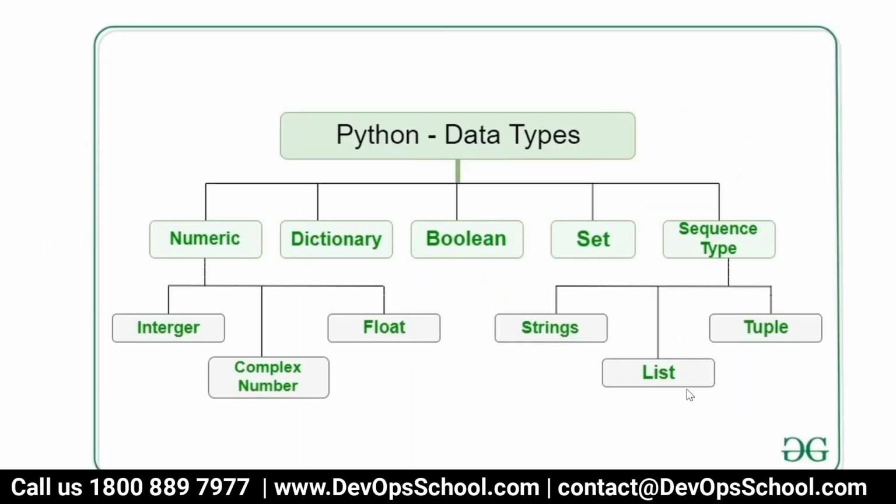Look at this. These are the types of variable which you can use in Python. You have numeric, and again there are three types: integer, complex number, float. We have dictionary type, Boolean type, set type, and sequence. We have string, tuple, and list.